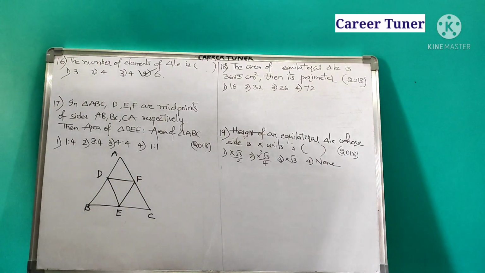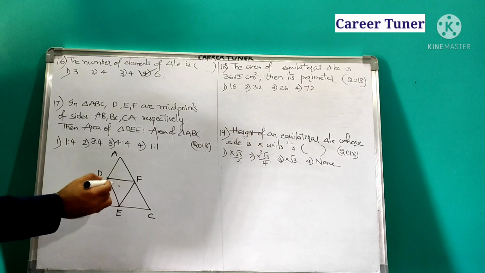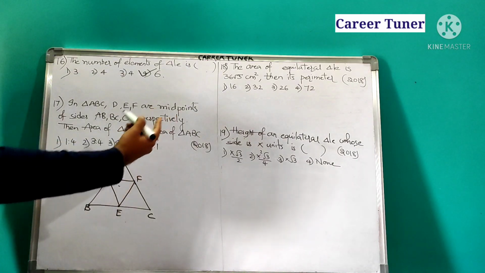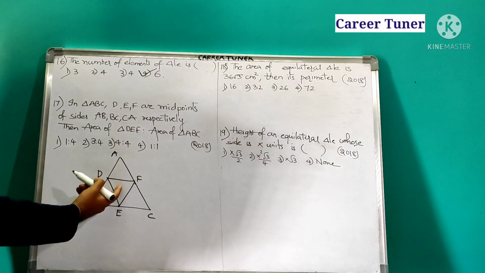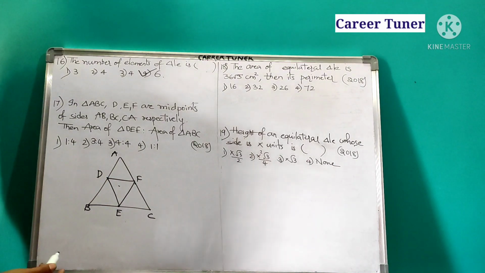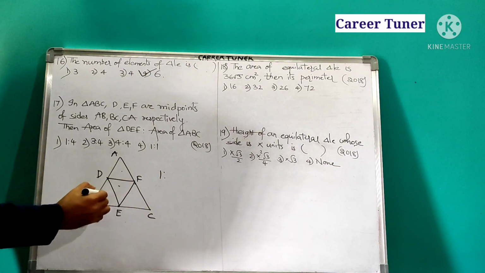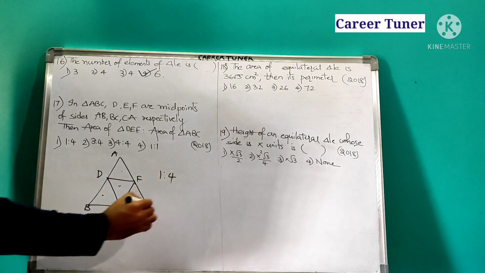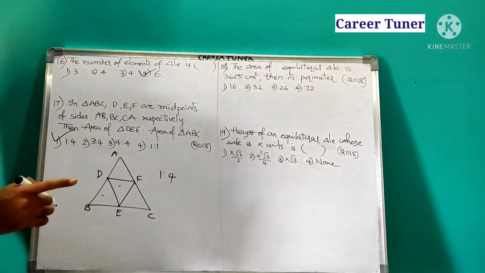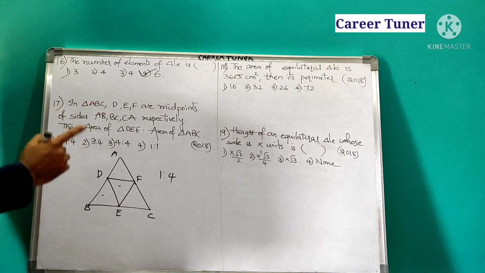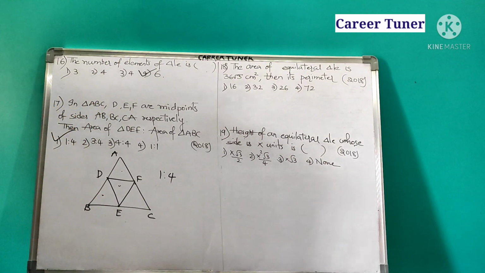Now you see, DEF is one triangle, and ABC consists of 1, 2, 3, 4 triangles. That's it, our answer is done. So DEF is 1 triangle to 4 triangles. So 1 is to 4 is our answer. But remember, D, E, F must be midpoints of the sides. Then only this logic is applicable.